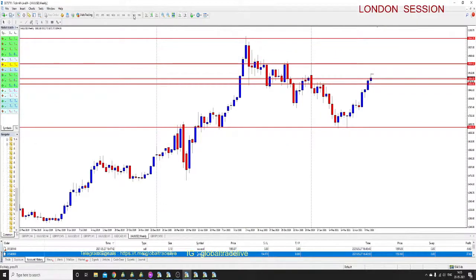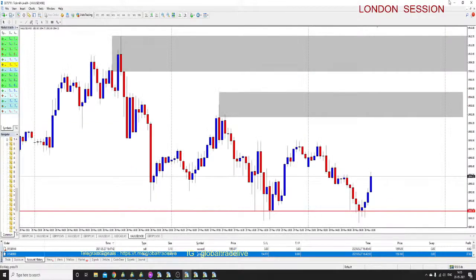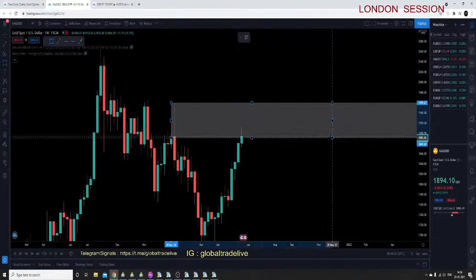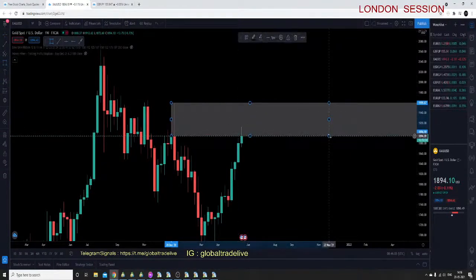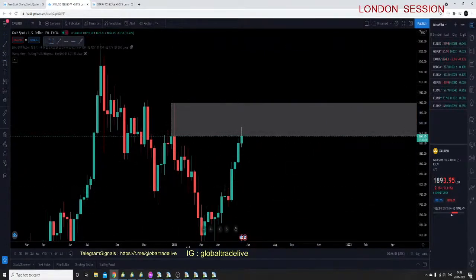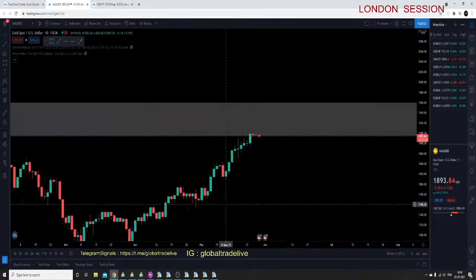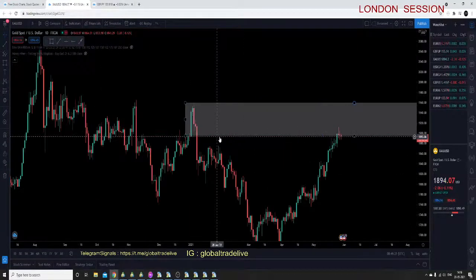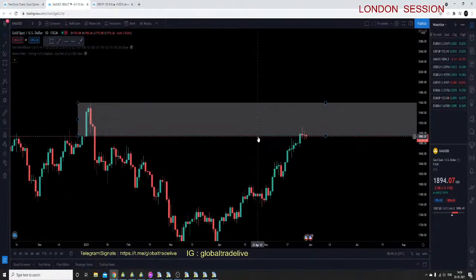Okay, I get it. It's moving up to fill that wick. This wick. And according to the daily, this is the clean range according to daily time frame. And it should be moving up from here to fill this area.